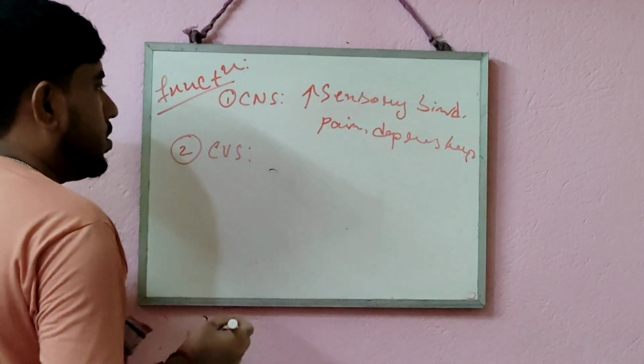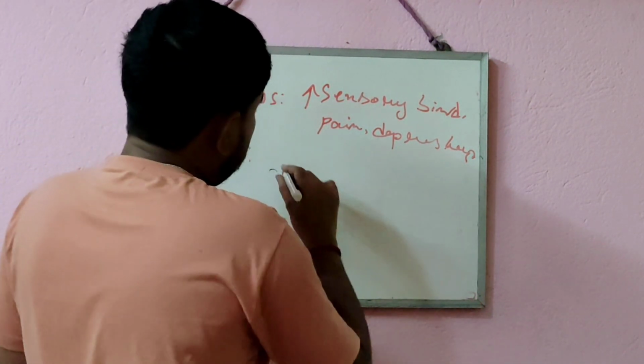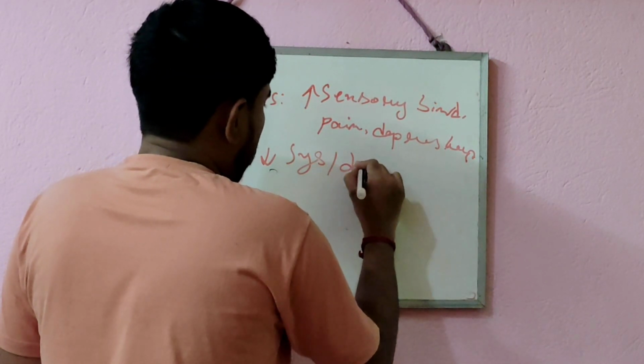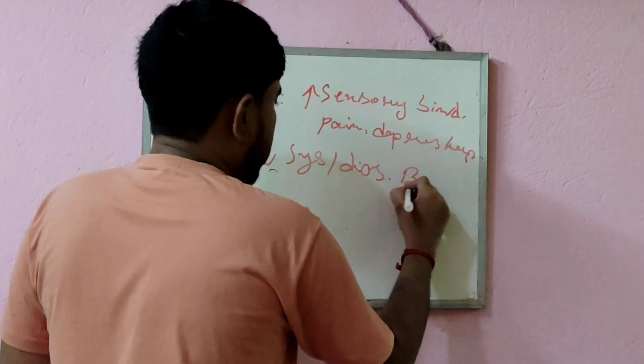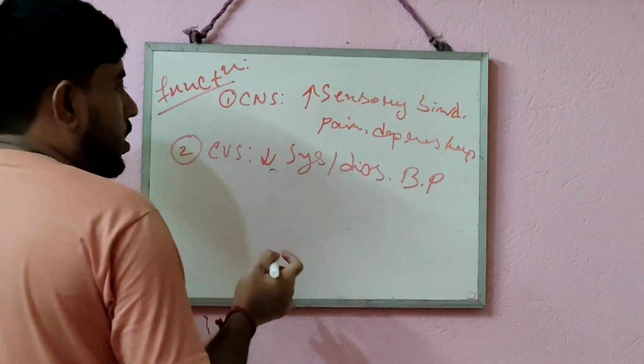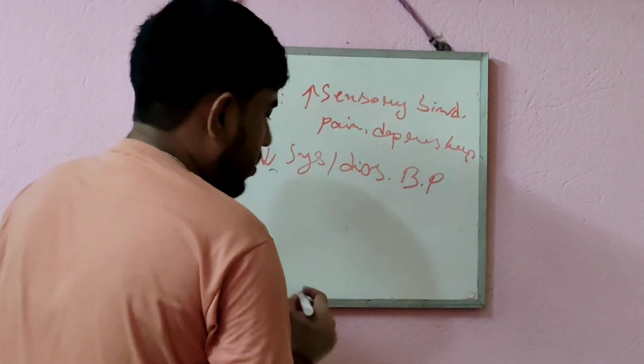In the cardiovascular system, histamine generally decreases the systolic and diastolic blood pressure. So in short, histamine in the cardiovascular system decreases the blood pressure of our body.